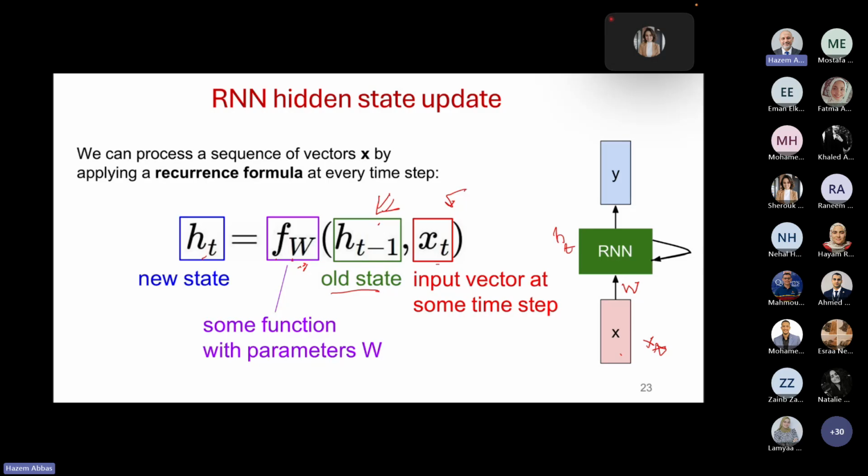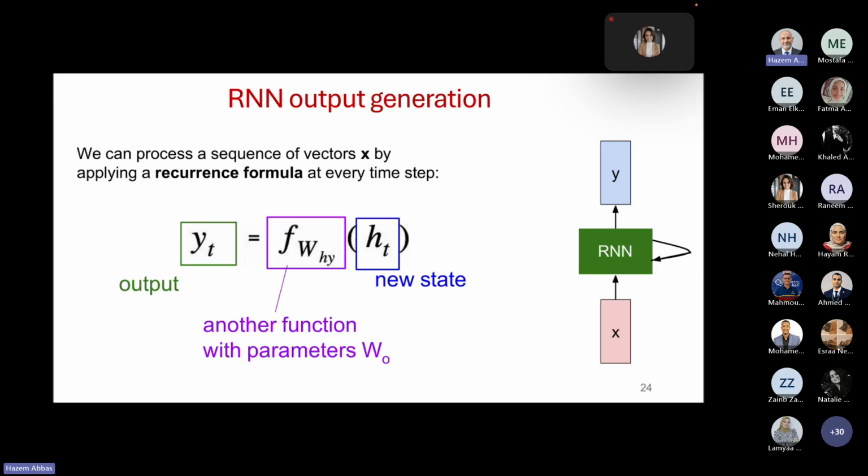The same thing here in recurrent architecture, except that the input to this f is a concatenation of the input and the previous hidden state. The output here is another function, which depends on a matrix from h to y, and depends only on h_t. So y at time t depends only on h_t. There is no recurrence.